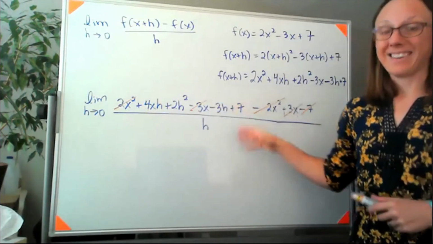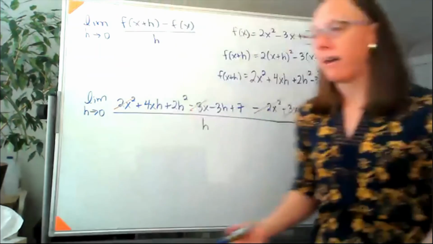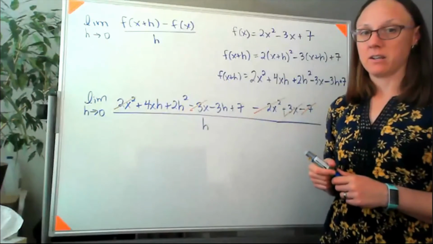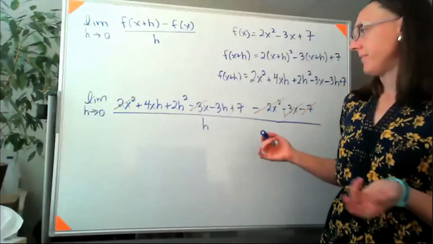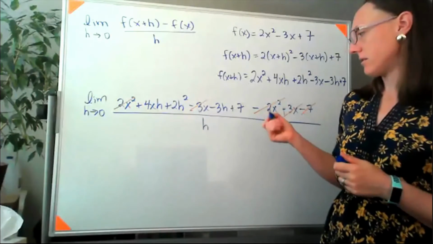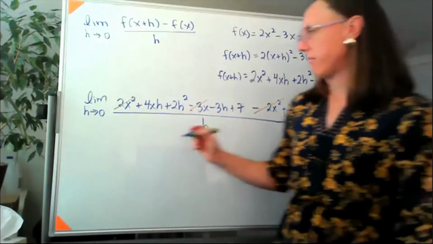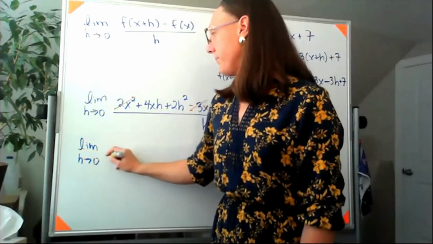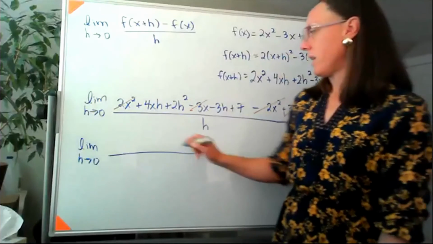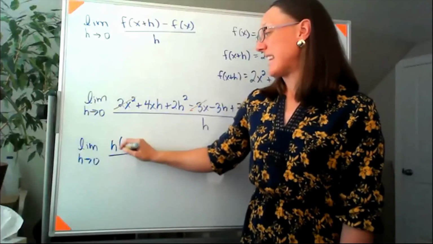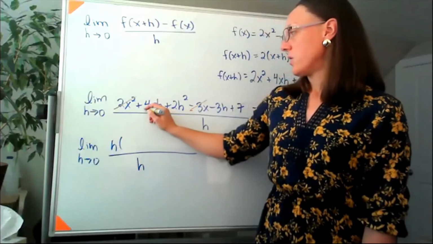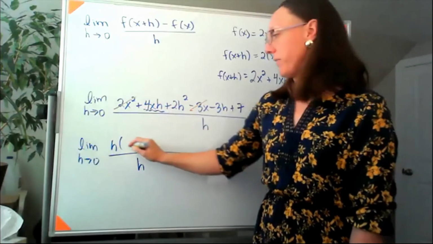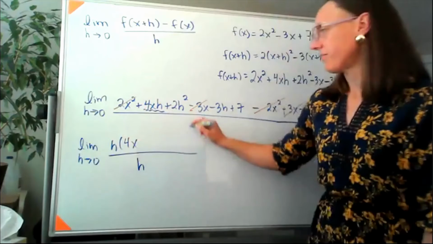From what is left, I now have an option either to factor or to write it as separate pieces. I don't think it really matters, but let's go ahead and factor. And if I factor, the thing I'm trying to factor out is an h. So from 4xh, if I pull an h out, I've got 4x.